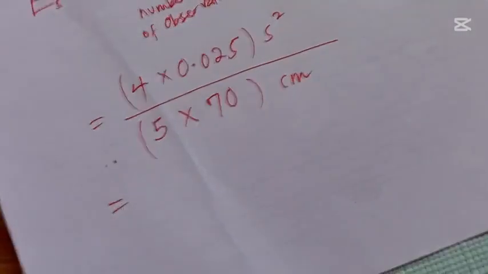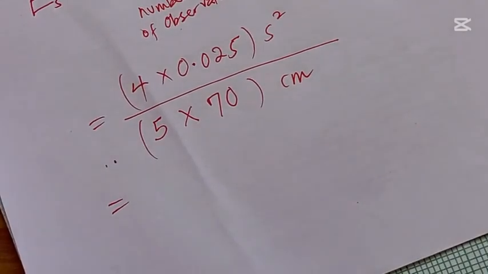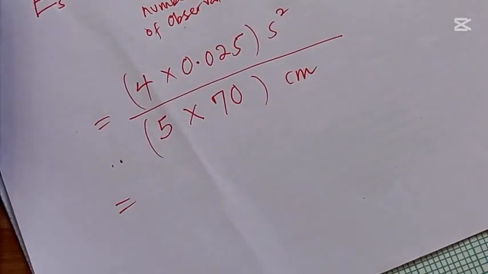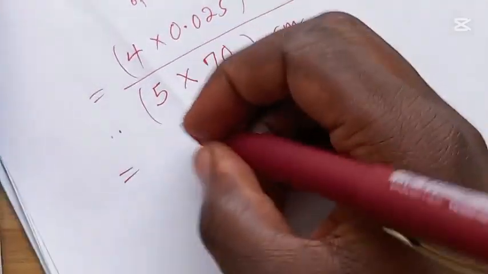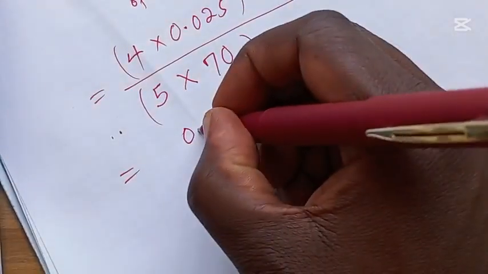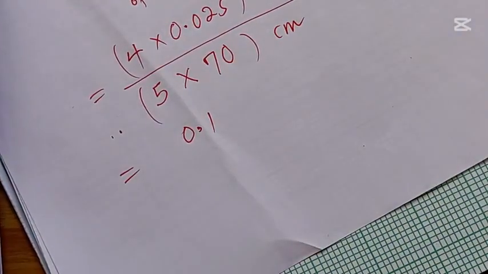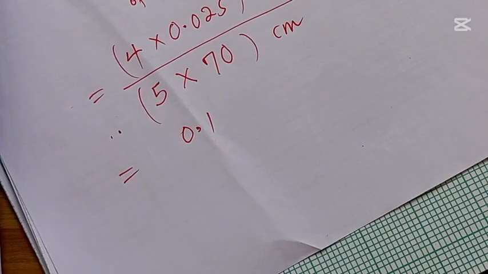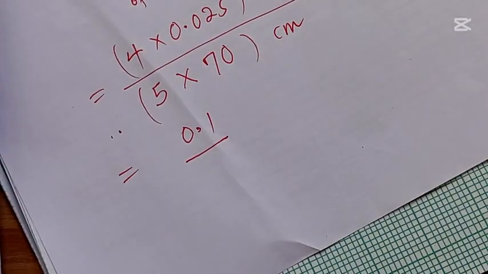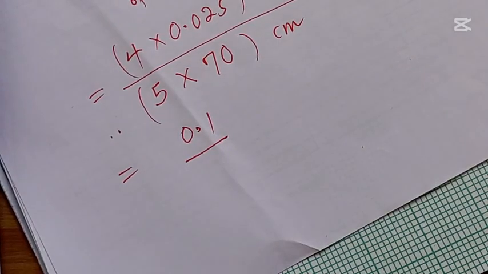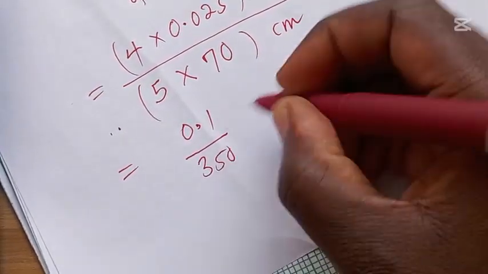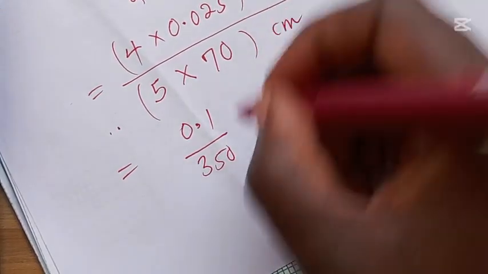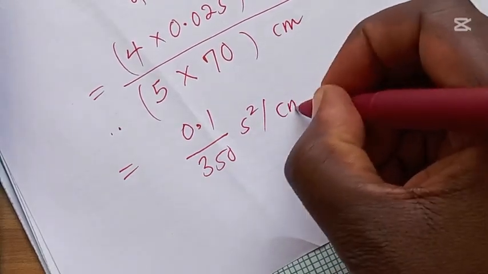So this is equal to 4 times 0.025, which will give me 0.1, then divided by 5 times 70, which gives me 350. Then I will combine the units, so I have seconds squared per centimeter.